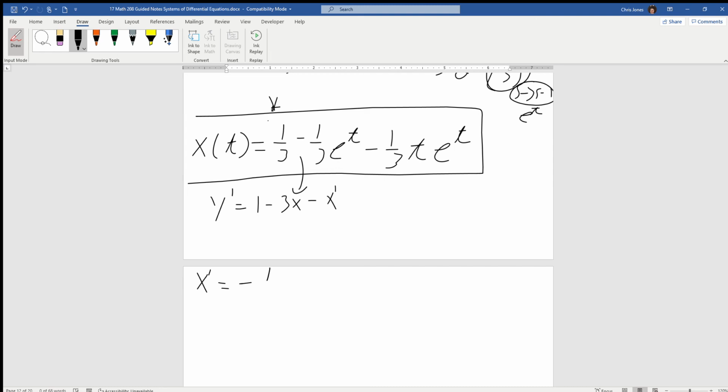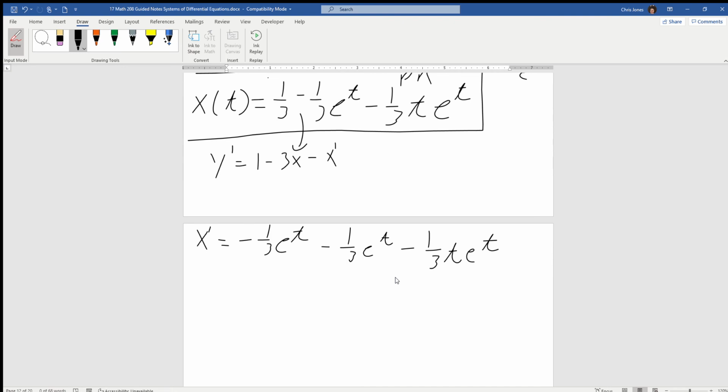Then minus 1/3 e to the t, which is really nice. And then we have to use our product rule on this minus 1/3 t e to the t. So we get a minus 1/3 e to the t minus 1/3 t e to the t. Or another way to set this up is that x prime is going to be minus 2/3 e to the t minus 1/3 t e to the t.